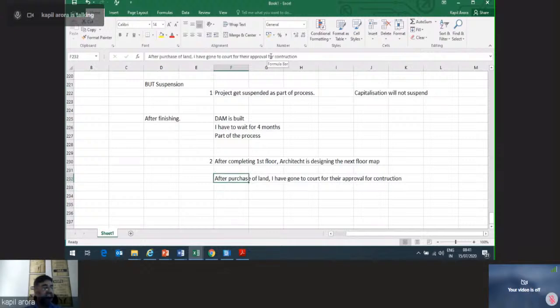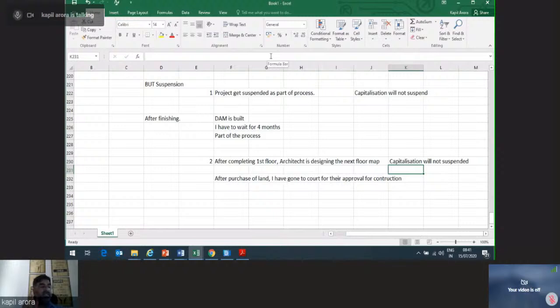When this is there, means after the land is purchased, but I am taking the approval, my admin work is in progress. So still the admin work is in progress, so capitalization will not stop or suspended.